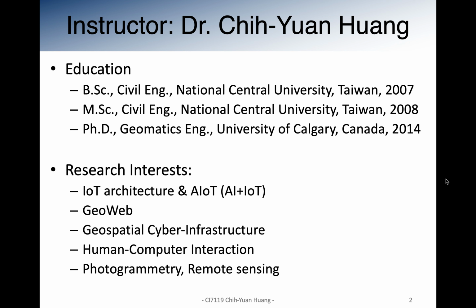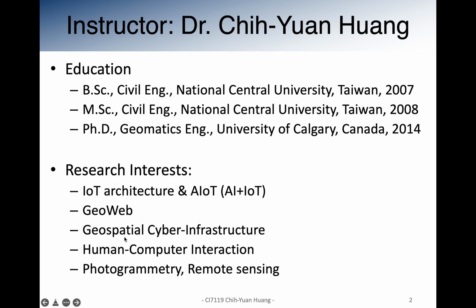My research interests are mainly in IoT architecture and also AI plus IoT, or what we call AIoT, and also the geospatial web, or what we call the GeoWeb, and also the design and implementation of geospatial cyber infrastructure. Cyber infrastructure basically means it's kind of like an information system, however, this information system deals with geospatial data.